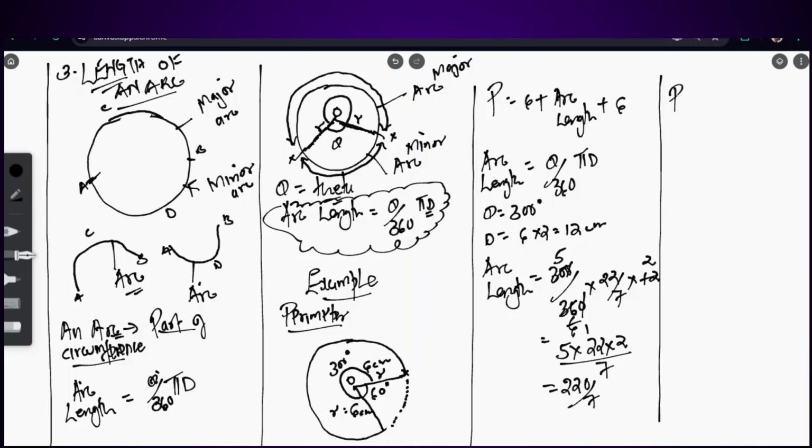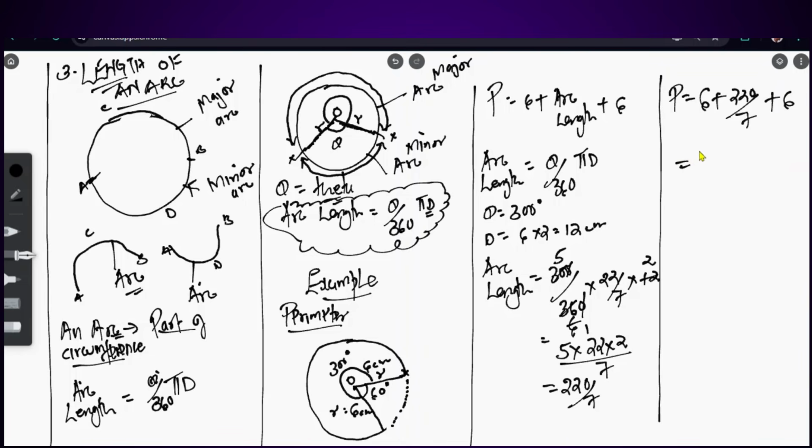Therefore, for the total distance all around, this distance here is 220 over 7. So I take 6, I add 220 over 7, then I add 6. You can work it out to see what you'll get.